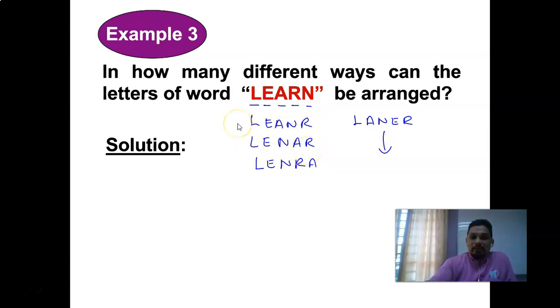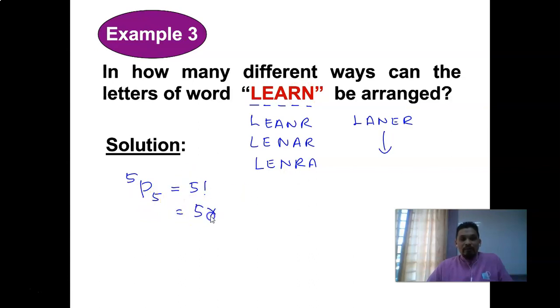So just imagine that it is 5P5. Out of the 5 letters of LEARN, we choose 5 of them, all of them, and we arrange them, so it is 5 factorial.